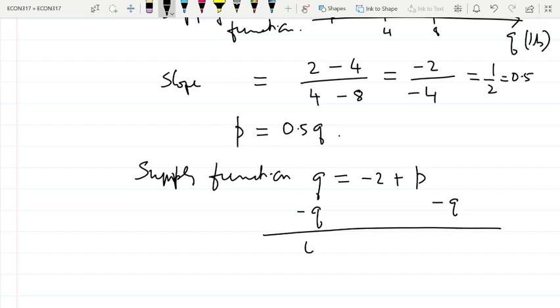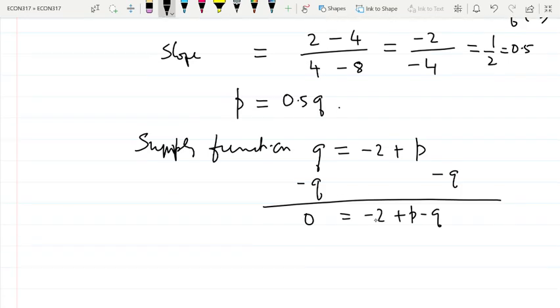So I have 0 here, minus 2 plus P minus Q. Now I want P on the left hand side, so subtract P from both sides.